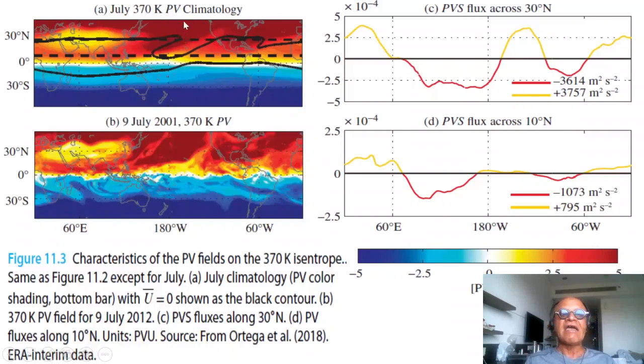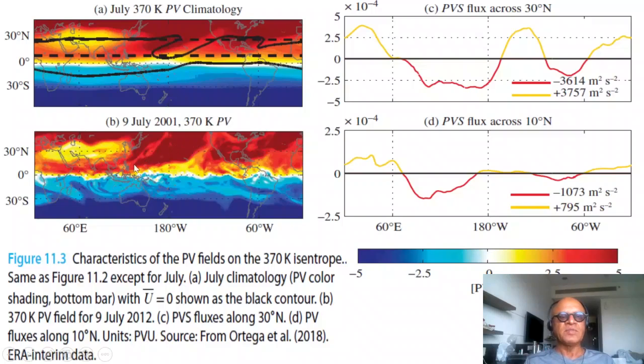So you still have the upper tropical trough pumping in PVS, being advected westward, and then heading back towards the high latitudes, but around this Tibetan Plateau and the anticyclone that sits here during the monsoon season. And that's obvious also on the 9th of July in 2001. Again, it says 2012 here, but 2001 here, it doesn't matter.